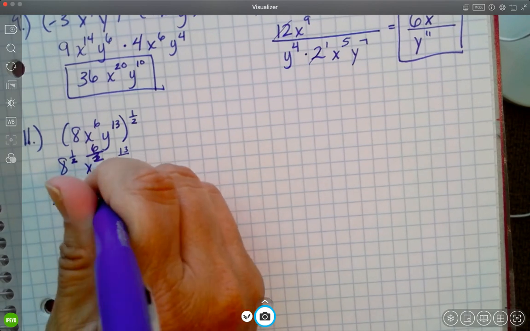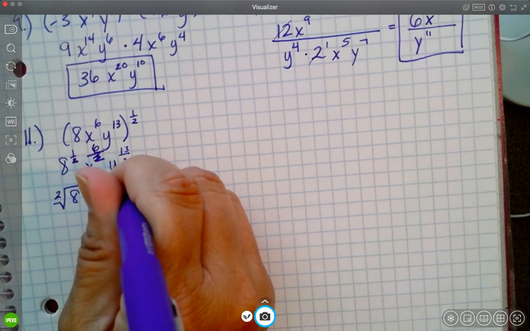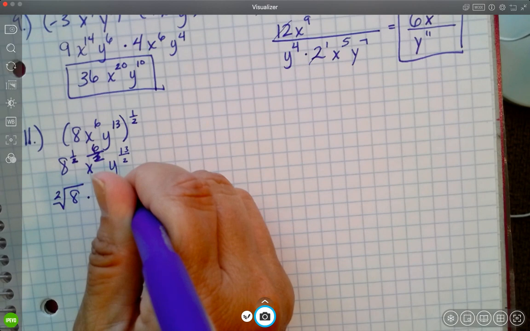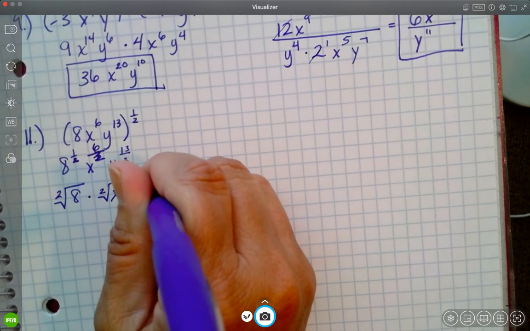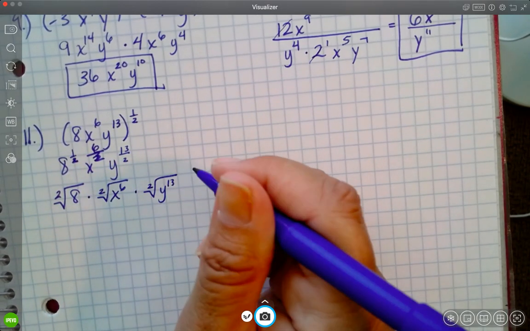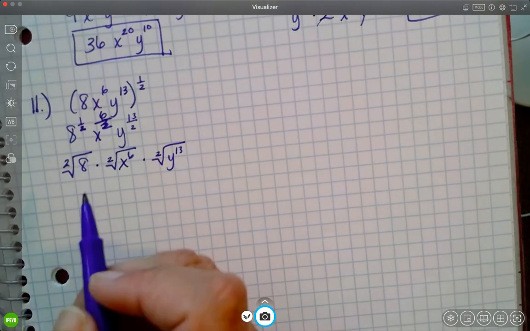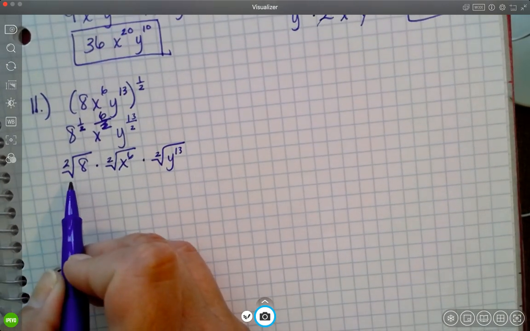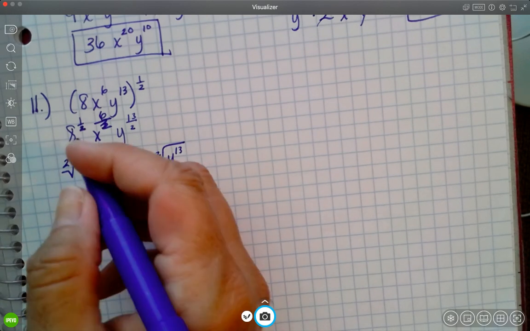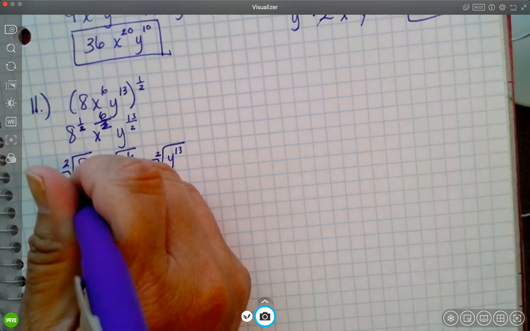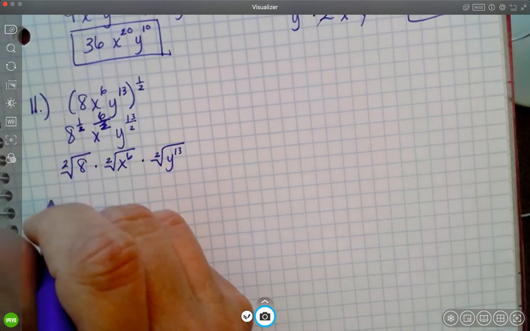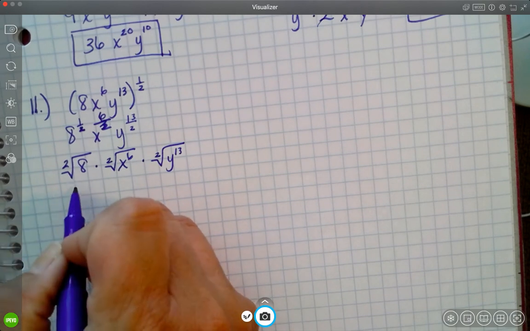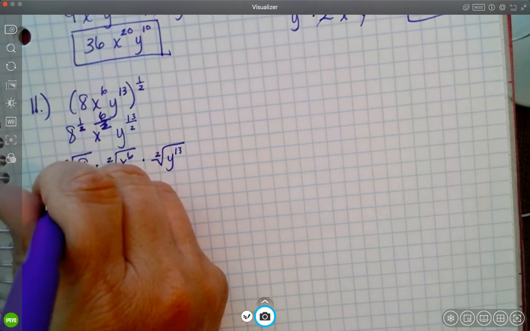Okay, so I have square root of x to the 6th times square root of y to the 13th. So you know that the square root of 8 is actually 2 radical 2.